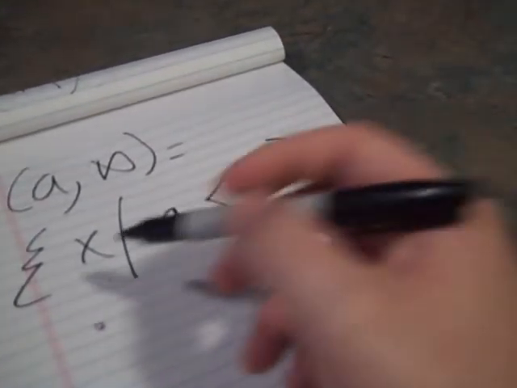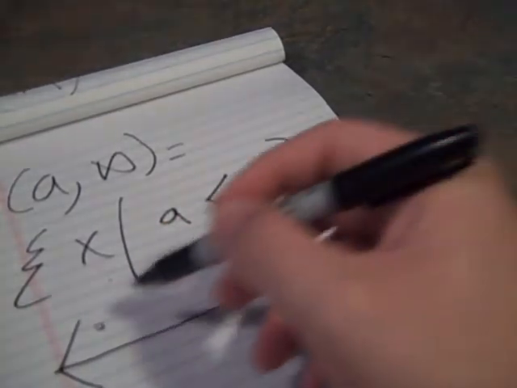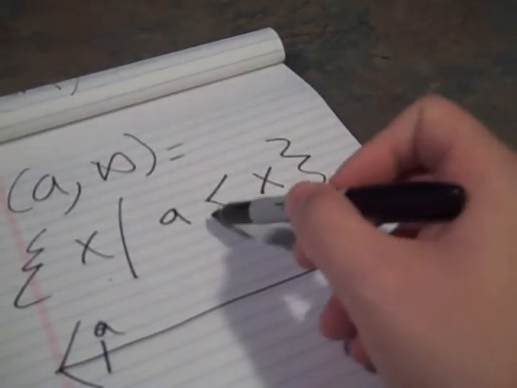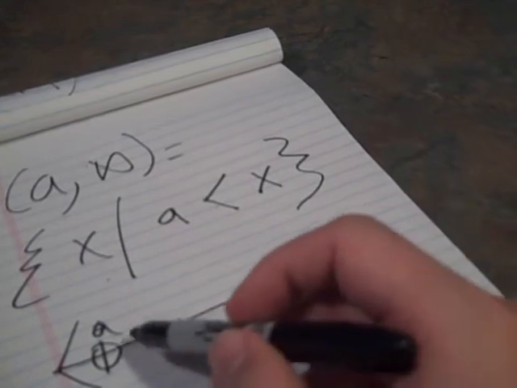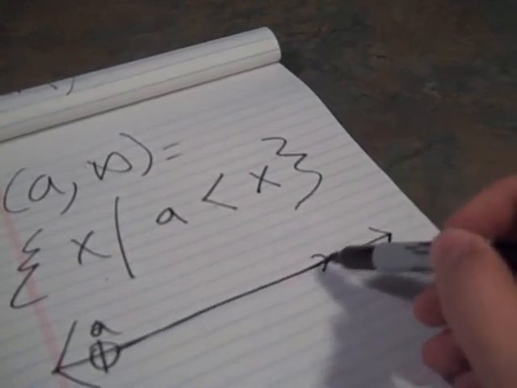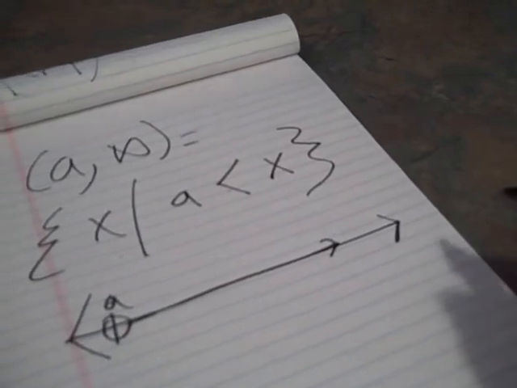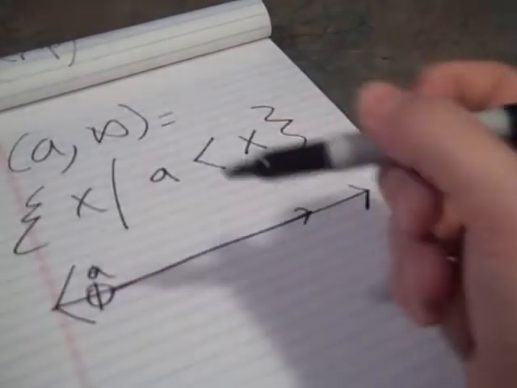And it's going to look like this. Let's do A right there. And this is open, so we have this open dot like that. And then we just do this. It means all of them, however far it goes. And you can go the other direction with that too.